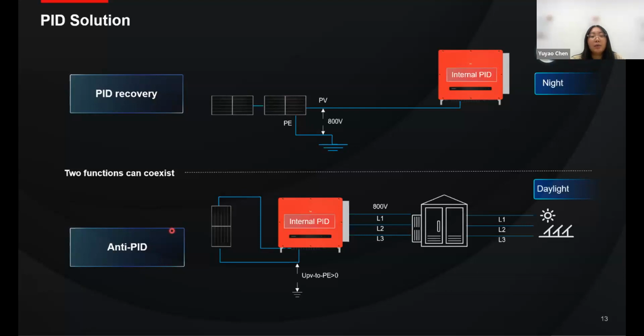And then we also have NG-PID, so we can do it during the daytime. What it does is lift the PV negative above the ground, making it just slightly over 0. So that's how it prevents PID from even happening. It will give about 6 to 8 volts from the PV negative to the ground. So that's how the NG-PID works.